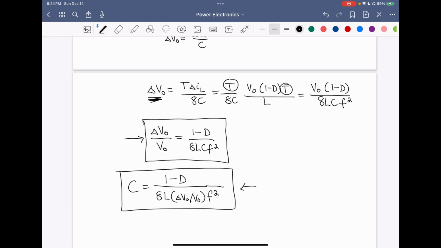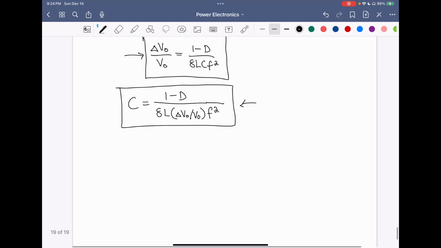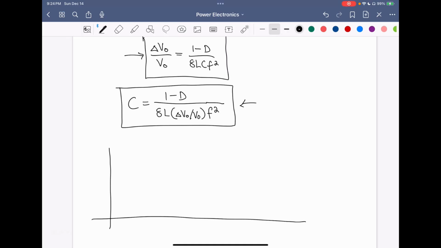So the output voltage waveform won't be purely DC. It will look something like this waveform.